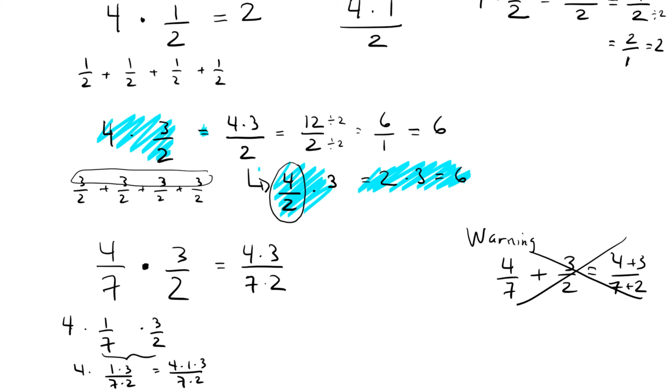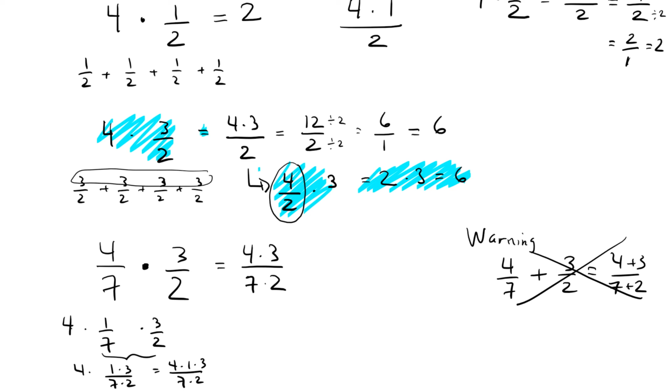Now afterwards, I could of course multiply 4 with 3 and 7 with 2 and then reduce. But let's be smart. Let's try to reduce along the way. I can see that 4 and 2, oh, I could simplify those. So maybe regroup those together. Usually, when you're experienced, this is a step you're going to do in your head.